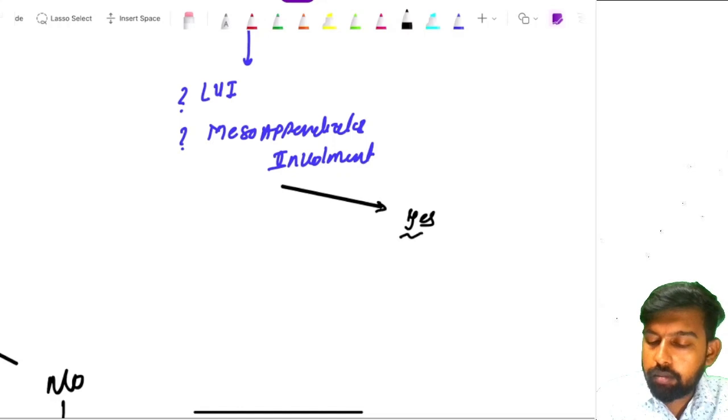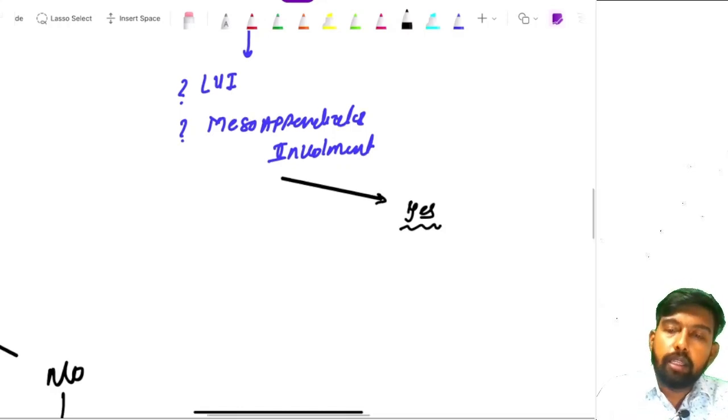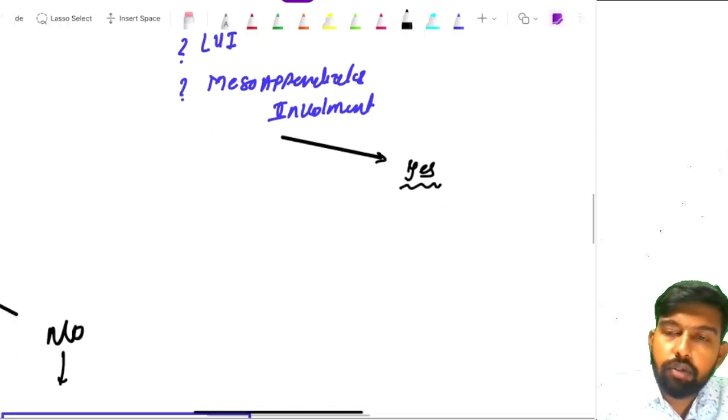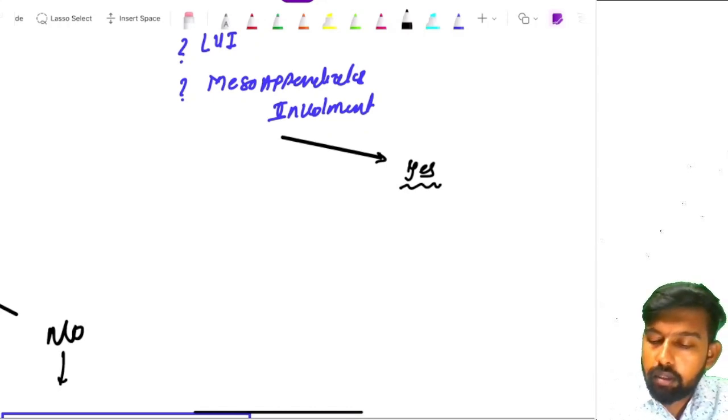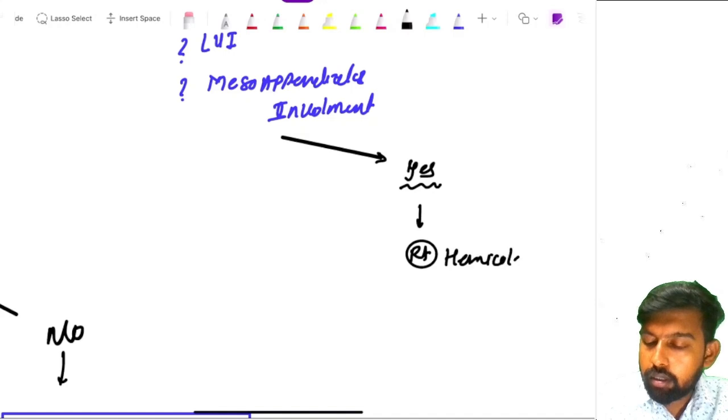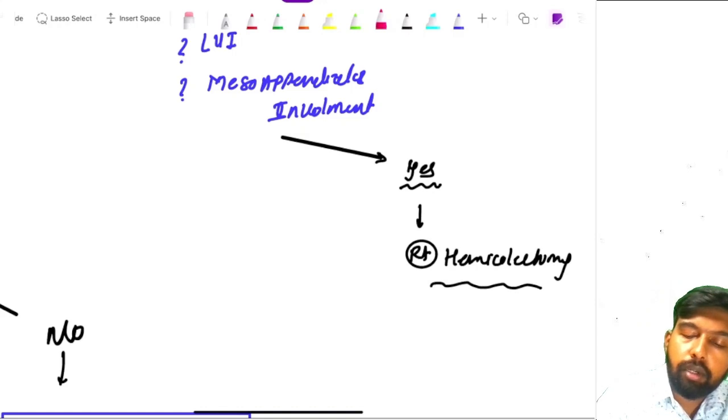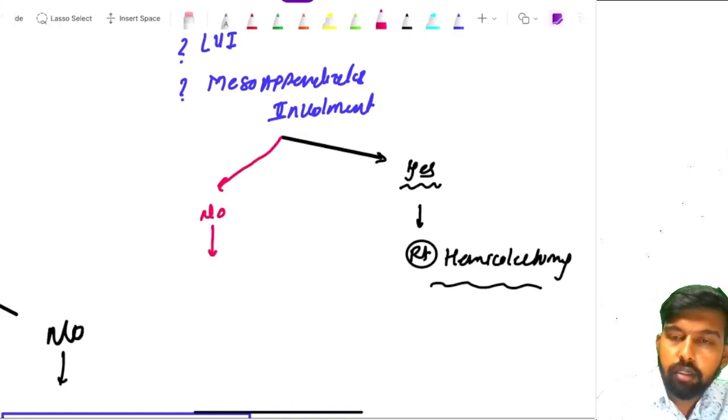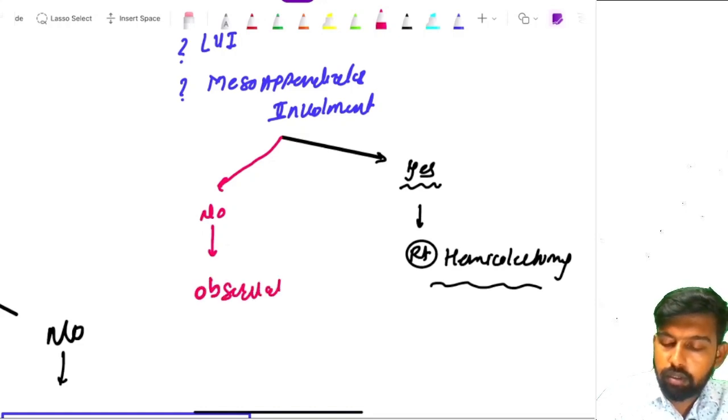If there is mesoappendicular involvement or lymphovascular involvement, then we should proceed with the right hemicolectomy. And if there is no involvement of the mesoappendix and no lymphovascular involvement, then we should do observation.